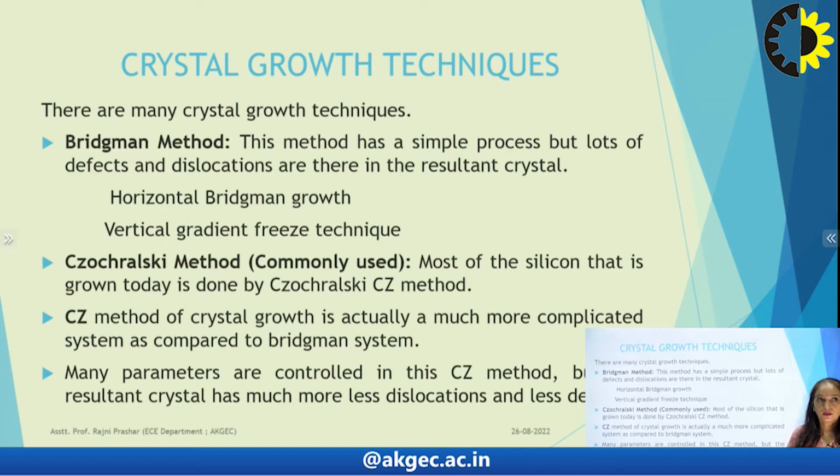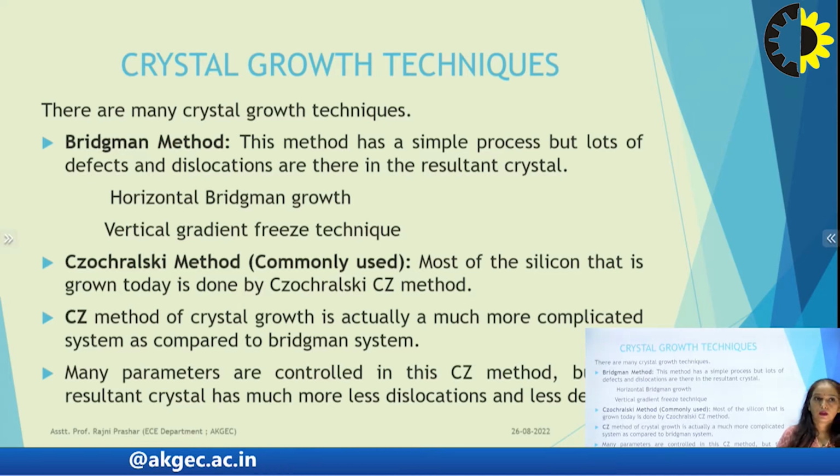The second most popular method is known as the Czochralski method, also known as the CZ method, and most of the silicon wafers that we use today for IC fabrication technology are grown with the help of this method. The CZ method is a much more complicated system as compared to the Bridgman method.